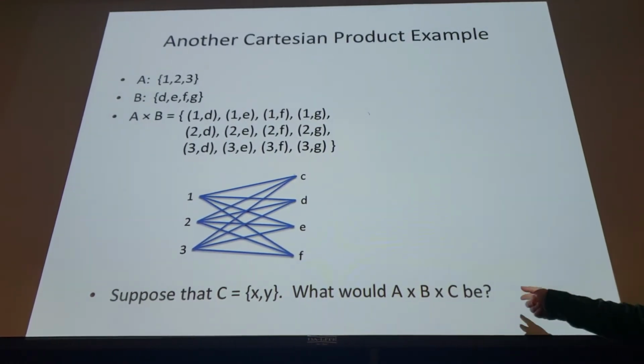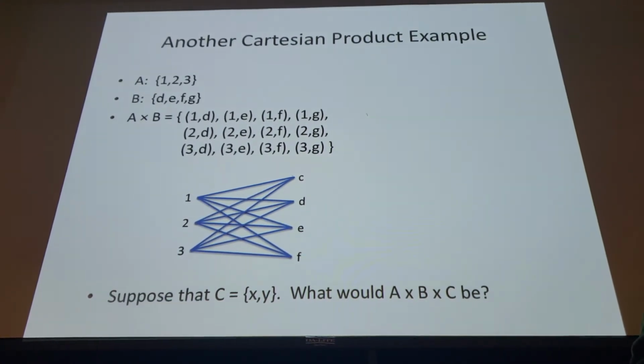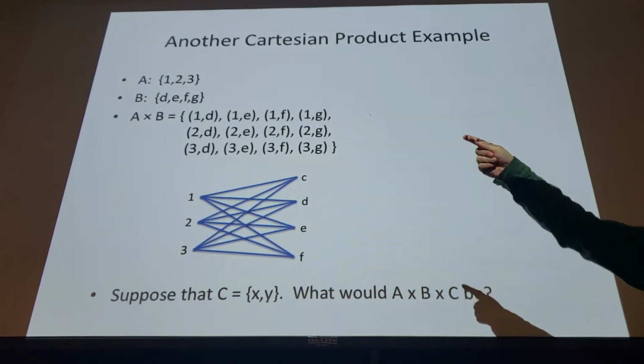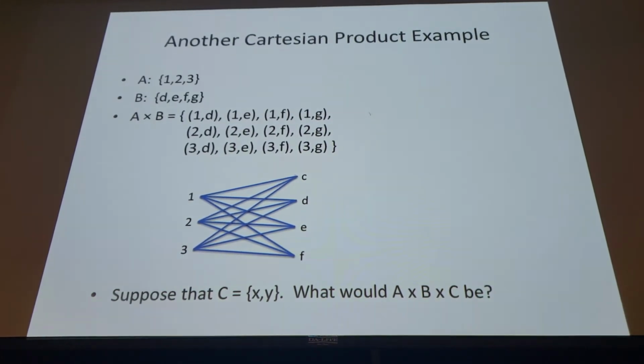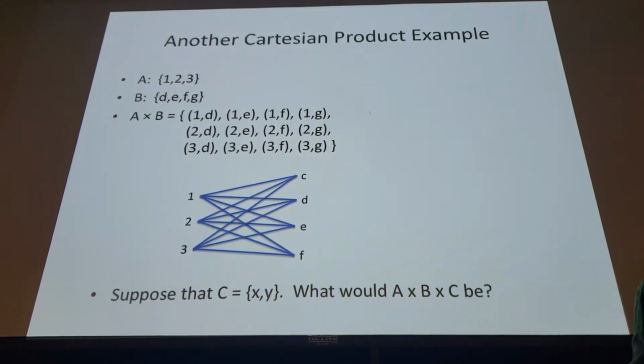So the Cartesian product of A, B, and C is going to be exactly what I wrote there, finishing up with an X or a Y. And one thing that we'll be talking about later, but I'll observe for you right now, is I didn't put parentheses around this because it doesn't matter how the parentheses get put in.